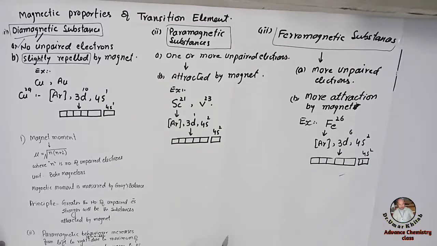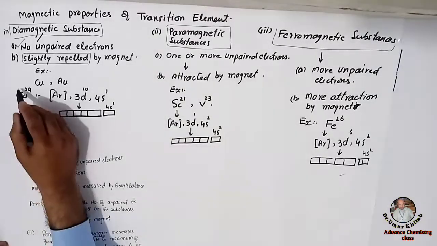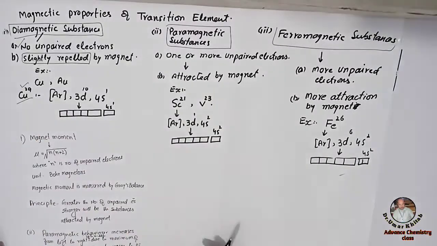Now we take the example of copper and gold. Copper has 29 electrons, so its electronic configuration is argon, which has 18 electrons, then 3d10 and 4s1.